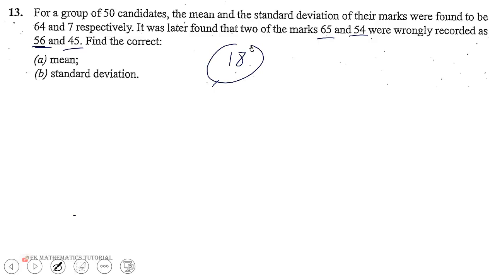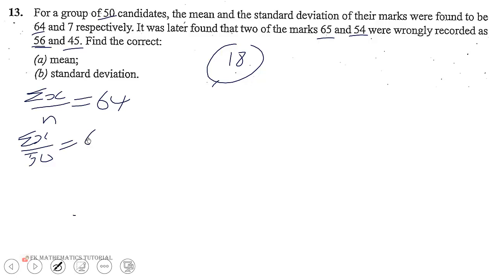So we know the mean is given by the summation of x over n, and we were told that this was equal to 64. So the summation of x over n, which is 50, is equal to 64. So the summation of x will be equal to 64 times 50, and 64 times 50 will be equal to 3,200.